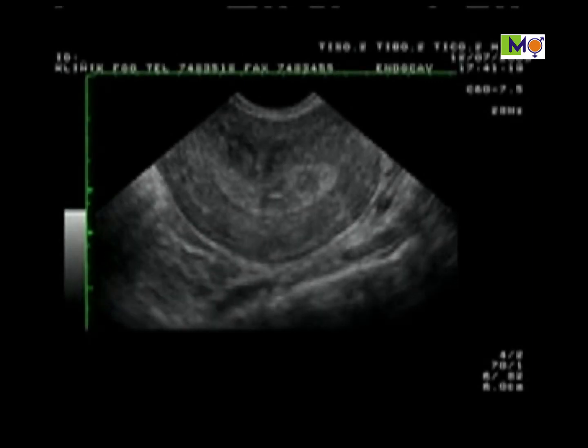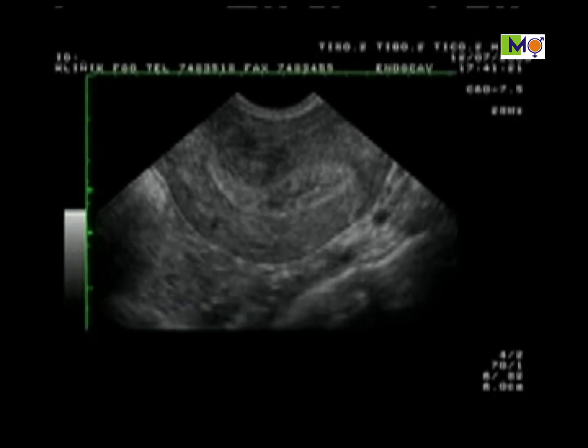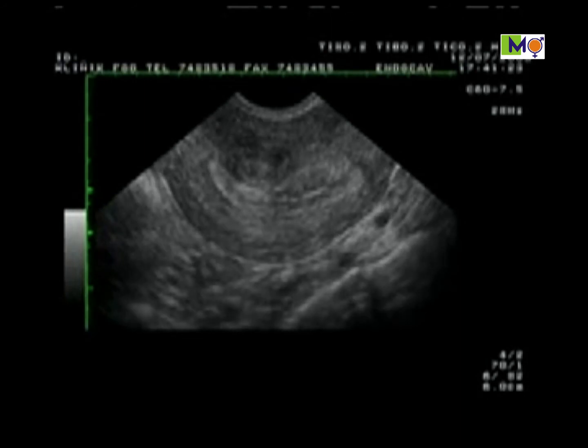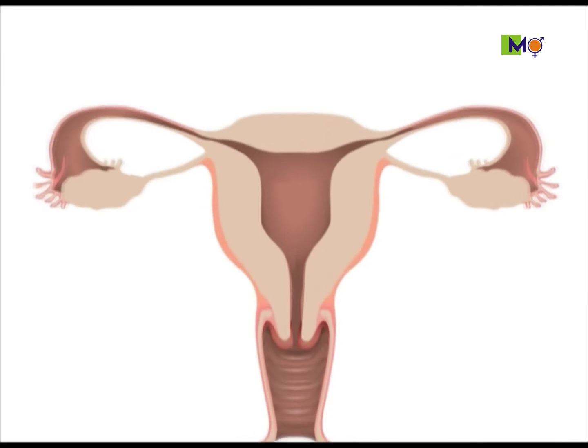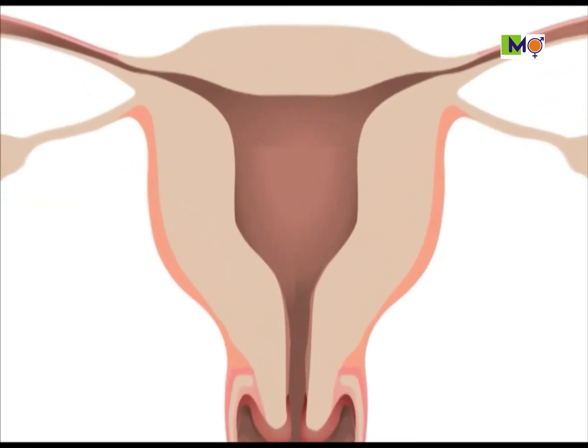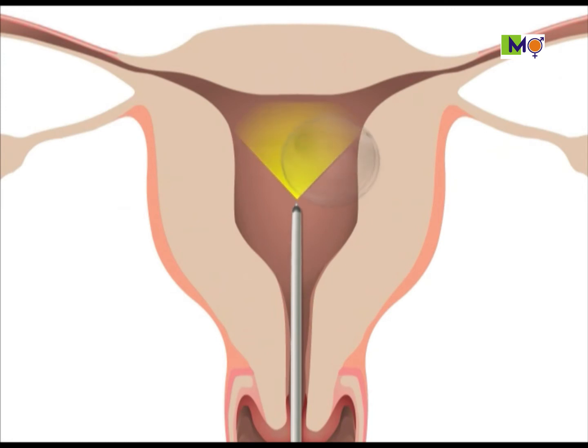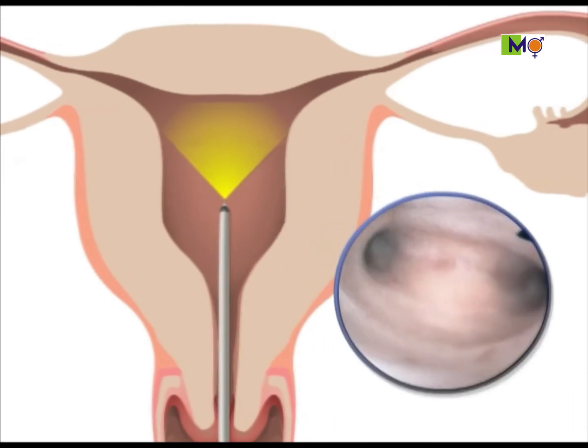You would also be asked to undergo an ultrasound of pelvis to evaluate the uterus and ovaries. Your doctor may also advise an evaluation of the womb cavity by hysteroscopy to rule out any abnormalities which may affect implantation of pregnancy. This is usually a daycare procedure and done under short general anesthesia.